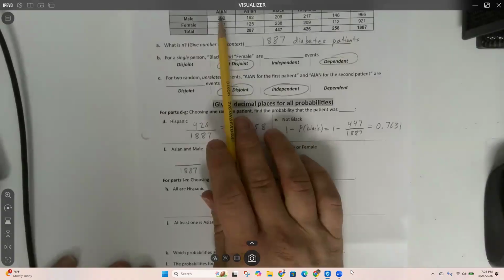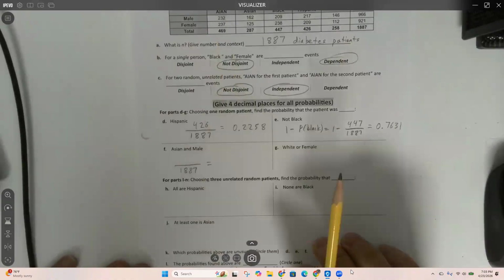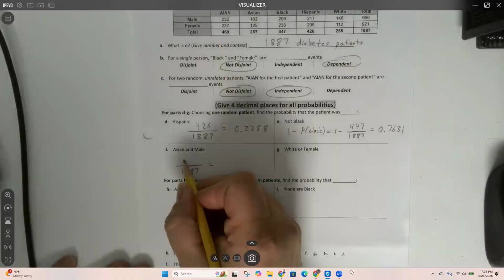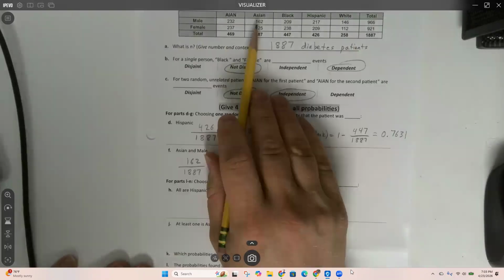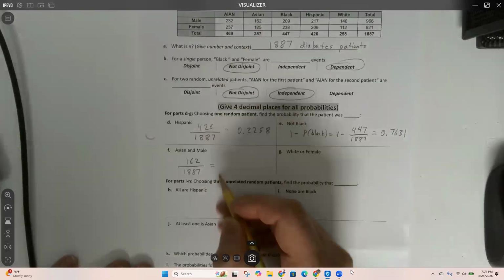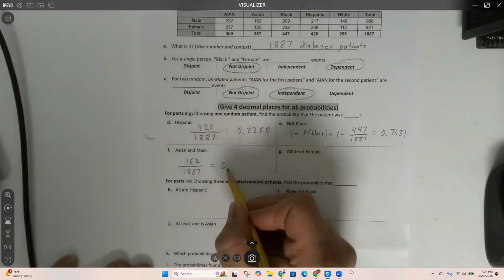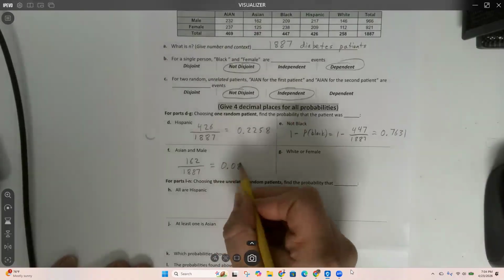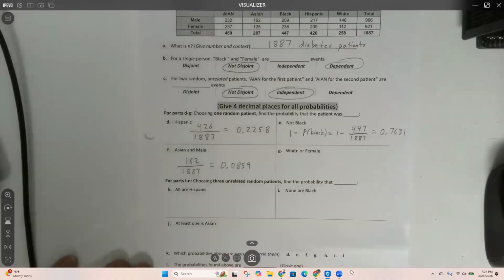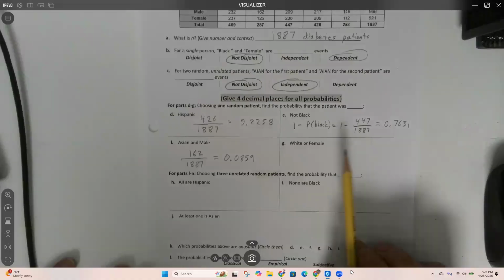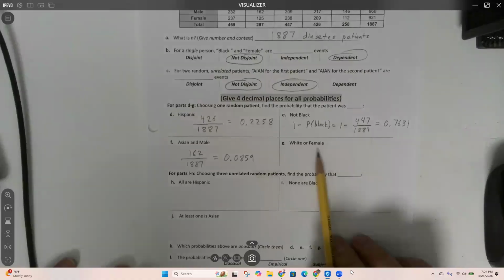That's not Asian. That one's American Indian. 162. Yes, right there. And that is 0.0859.